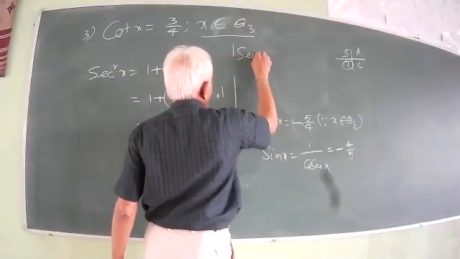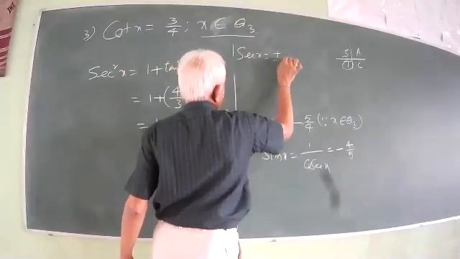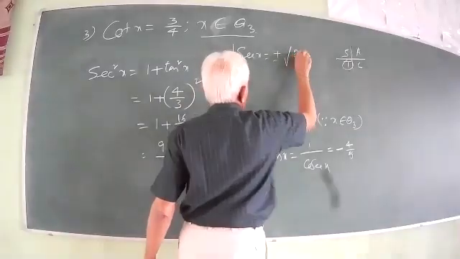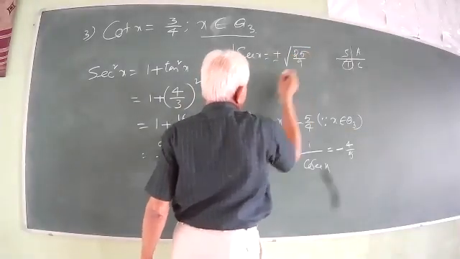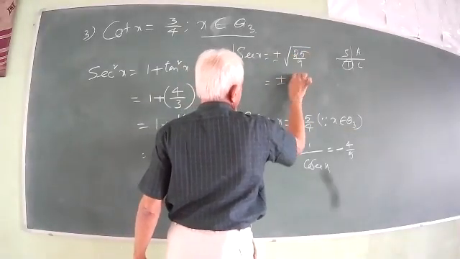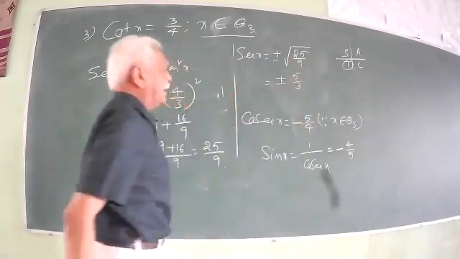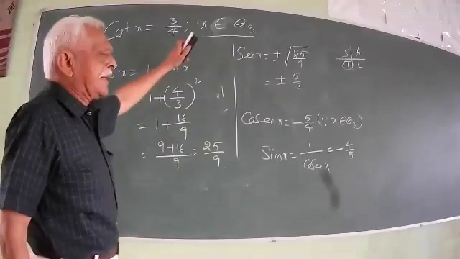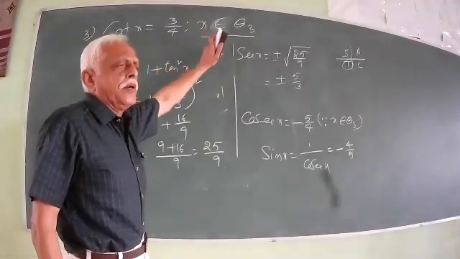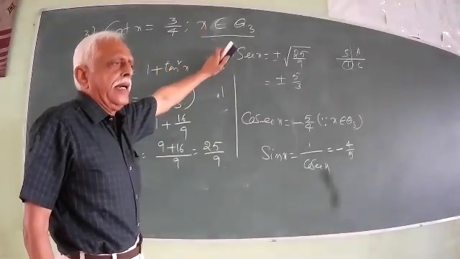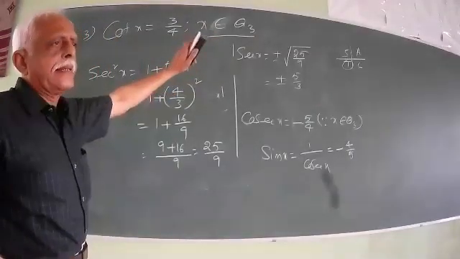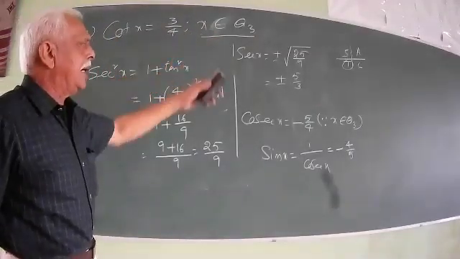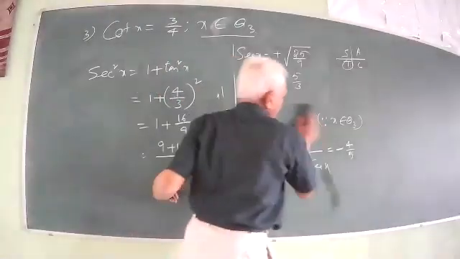Secant x is equal to plus or minus root of 25 by 9, which is plus or minus 5 by 3. Where does x lie? X lies in the third quadrant. In the third quadrant, sine and its reciprocal are positive in none; only tan and cot are positive, so cos and its reciprocal are negative.